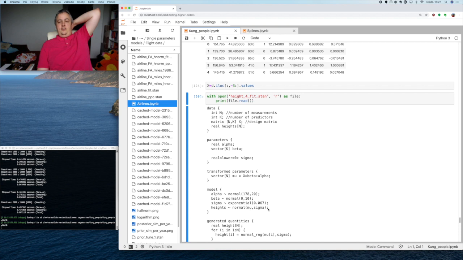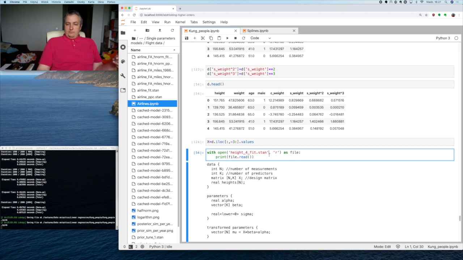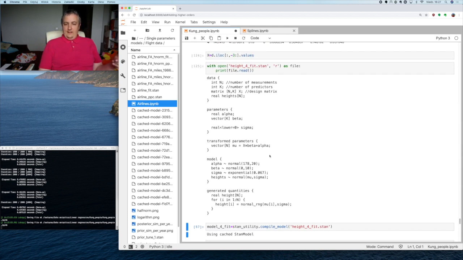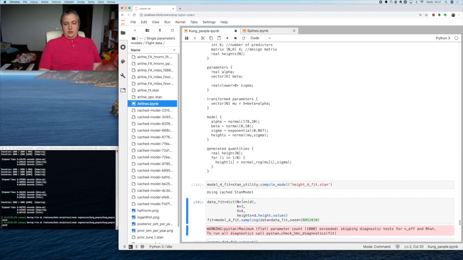We are now fitting this model consisting of a linear combination of intercept, weight, squared weight, and cubed weight, and we are creating our model. So with that we can do some fitting. First the compilation, then we provide the data.